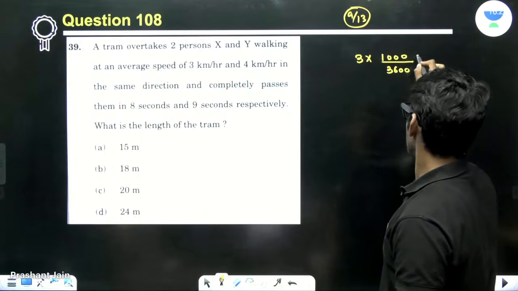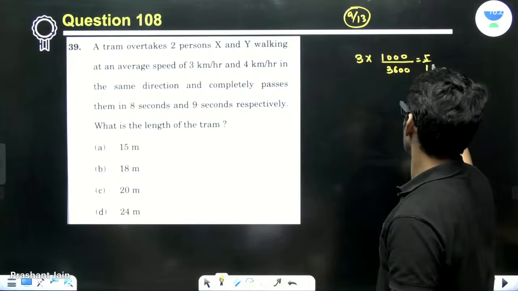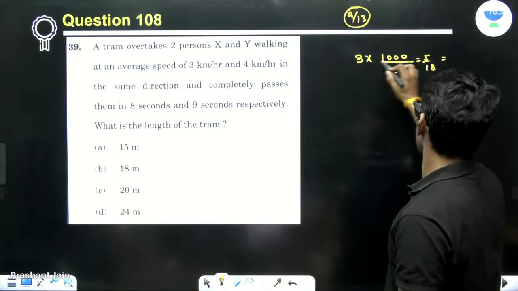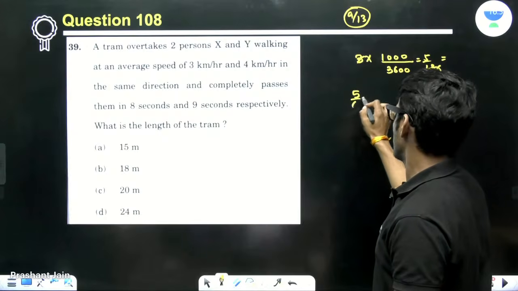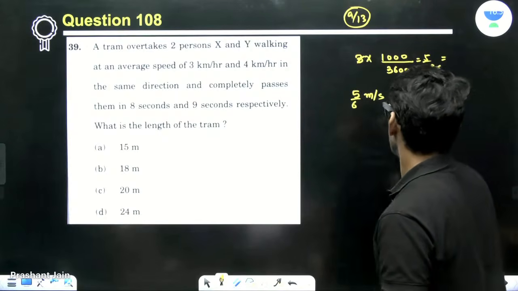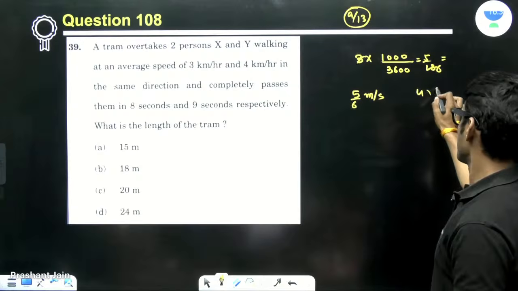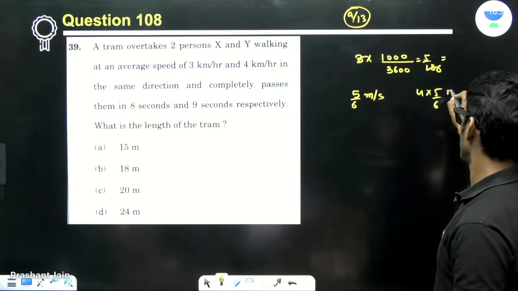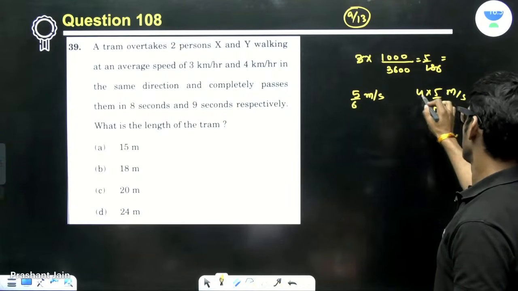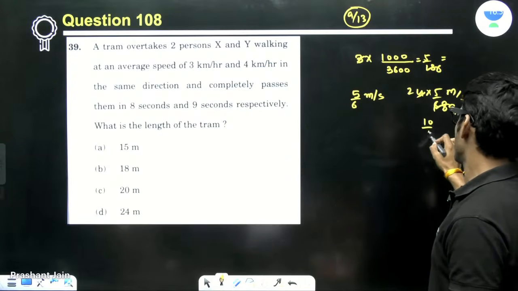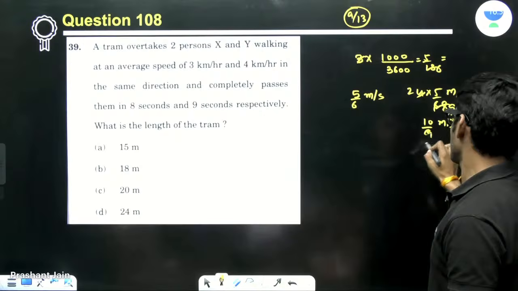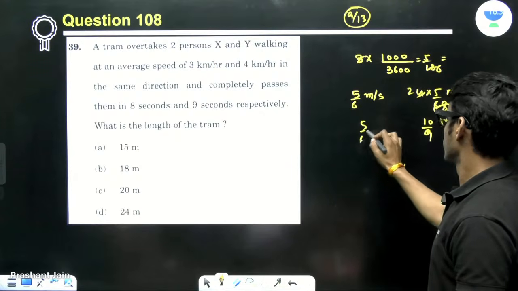So this is 5 by 18 basically. So this guy is moving at a speed of 5 by 6 meter per second. And this guy is moving at a speed of 10 by 9 meter per second.